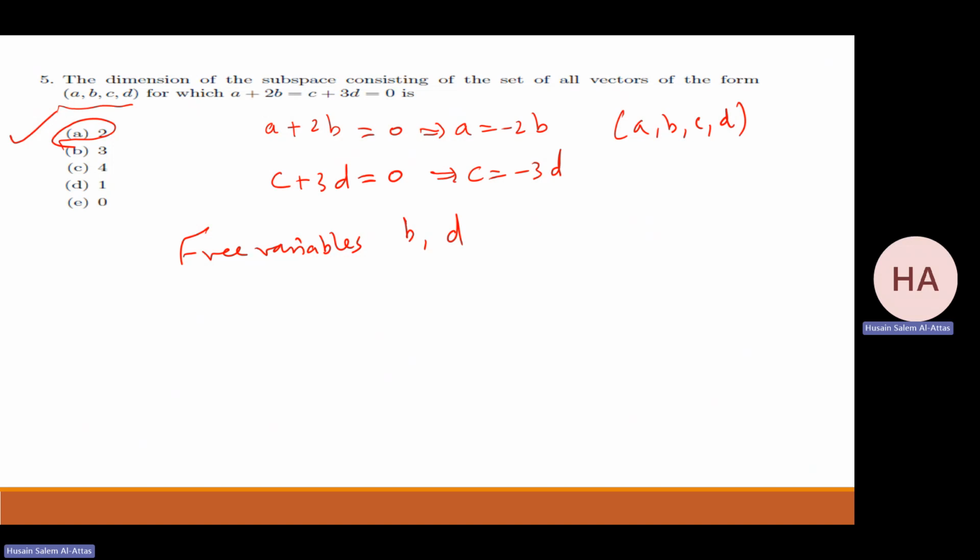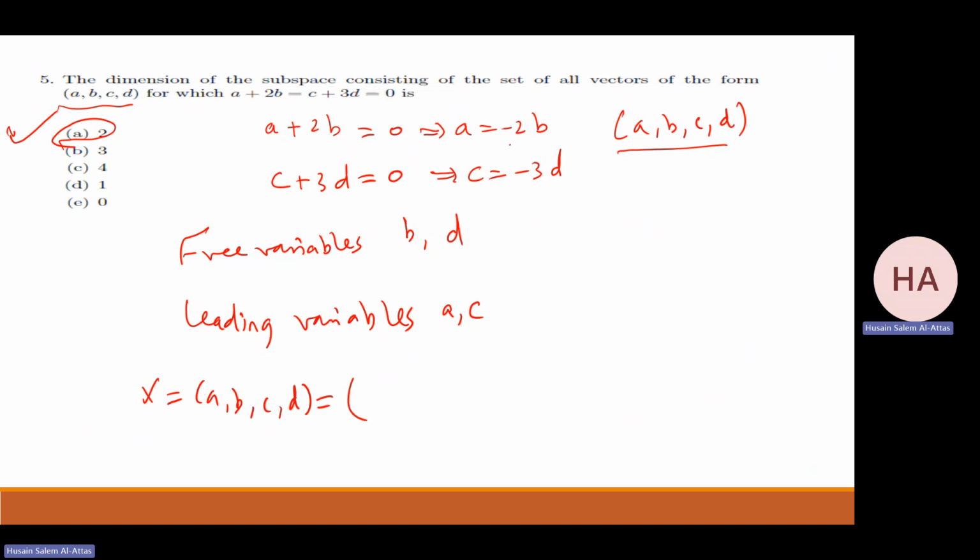That will be the solution. If he wants the basis, which is not asked, this is enough for this question. But just for your information, I need to find the leading variables, which are A and C. So I write this vector (A, B, C, D) in terms of the free variables: minus 2B and B, and C is minus 3D.